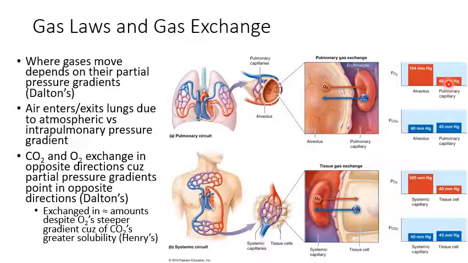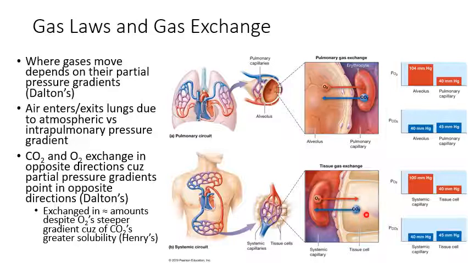So it'll have gone from 40 millimeters of mercury of oxygen to 100 millimeters of mercury of oxygen, and you'll have about 40 in the actual cells. So oxygen will leave the blood and enter the cells down its partial pressure gradient.